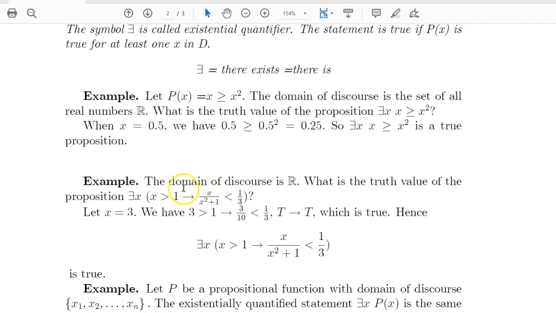With x replaced by 3, this becomes 3/10 less than 1/3, which is true. If true, then true is true. So we found a value of x for which the conditional proposition is true, which means that the existentially quantified statement is also true.